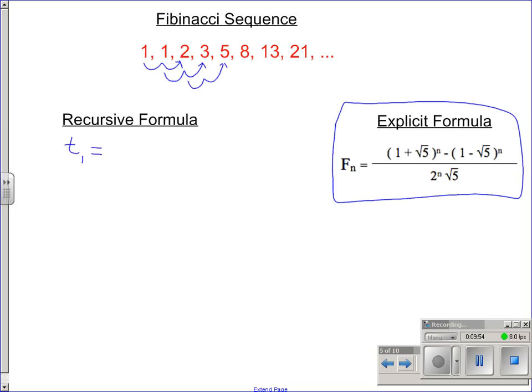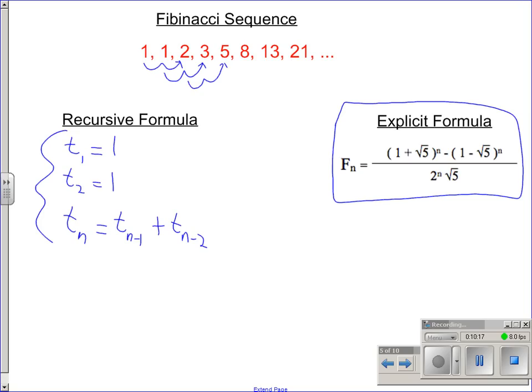The recursive formula. To write a recursive formula, you need to know the first term or terms: the first term is 1, the second term is 1. To get to the next term, you take the term before that one and add it to the term 2 terms before the one you're looking for. So that would be n minus 2. There's your recursive formula.